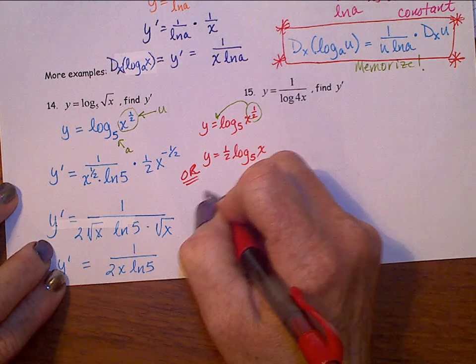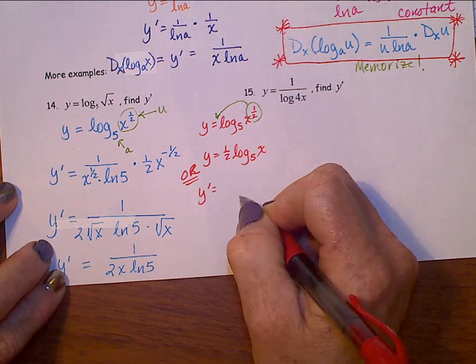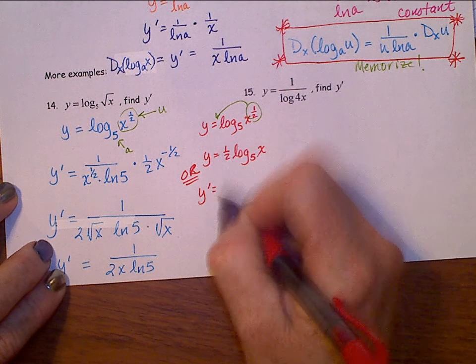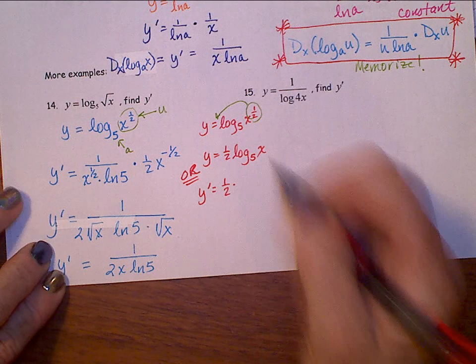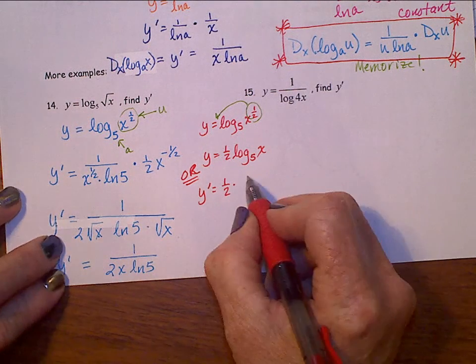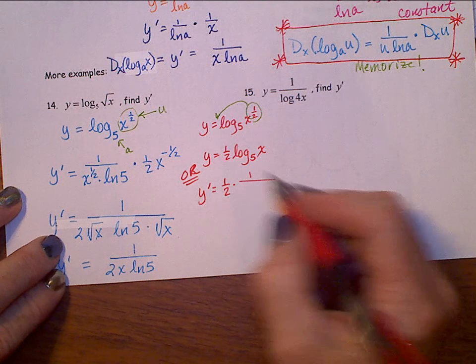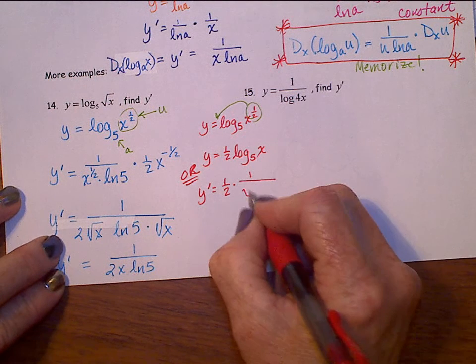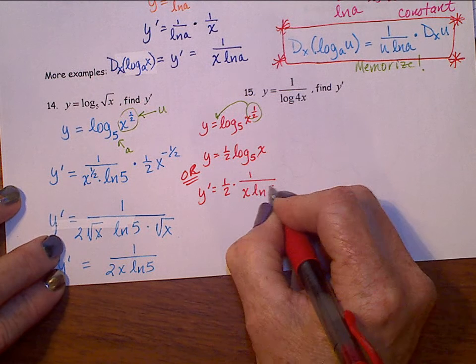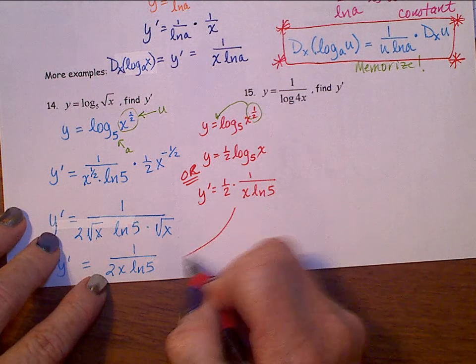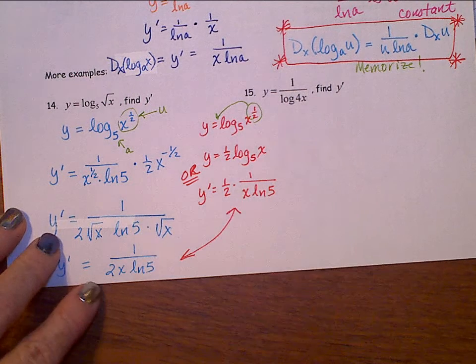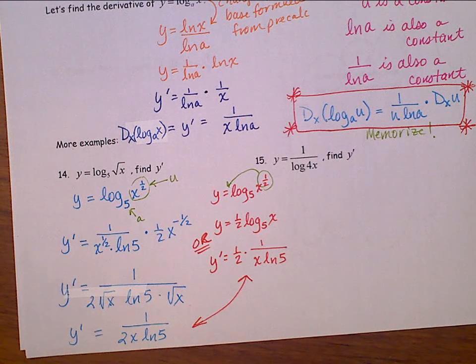Now do a derivative, y prime, that half multiple out front, 1/2, and then the derivative of log base 5 of x. That's 1 over the u, so 1 over x times ln a, which is 5. And you can see that these two are equivalent. Whichever way makes you happiest, either one works.